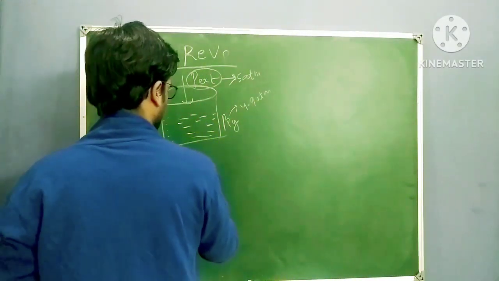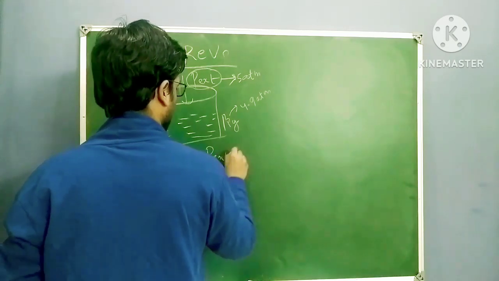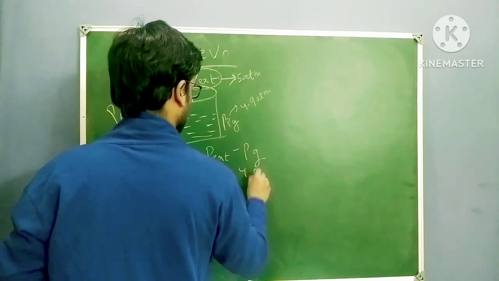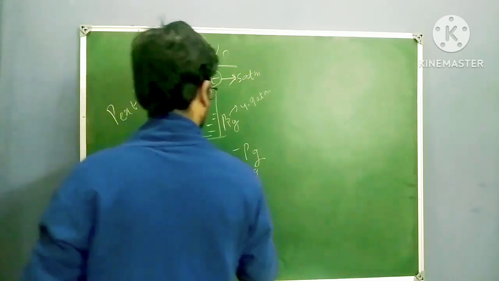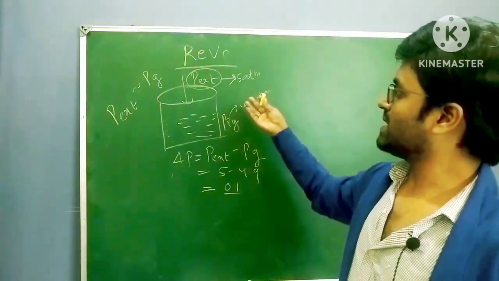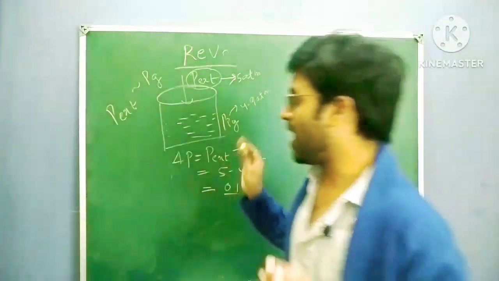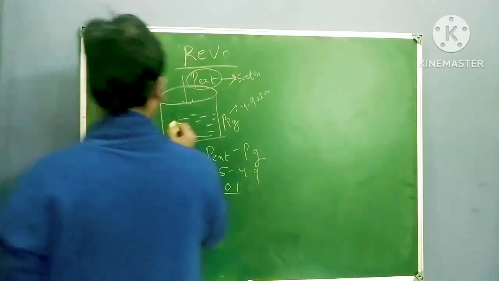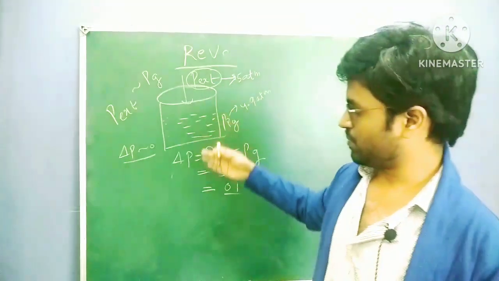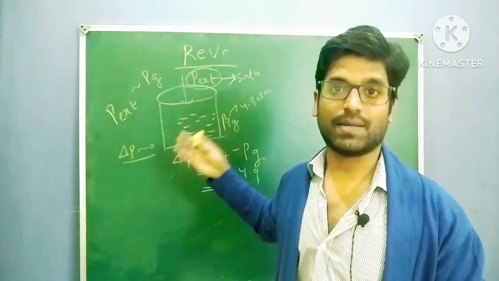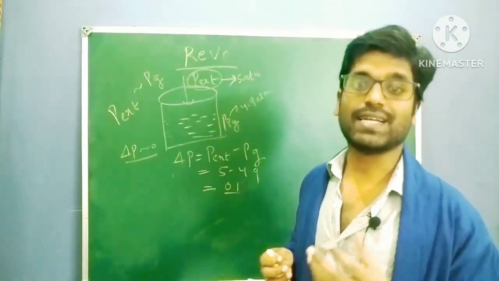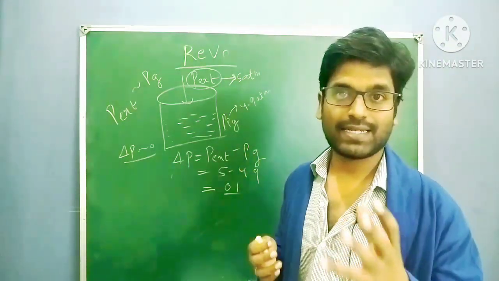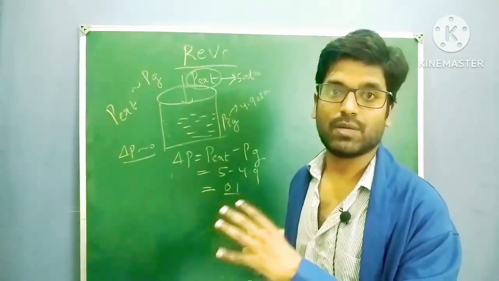Delta P equals P external minus P gas, that means 5 minus 4.9, which is 0.1 approximately. So delta P here almost tends to 0. To complete this process it will take infinite steps, infinite time, because of the negligible change. So this is called a reversible process.